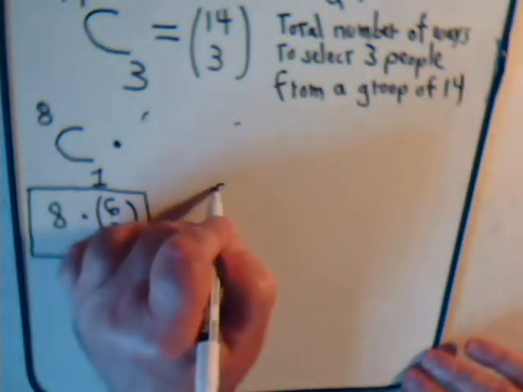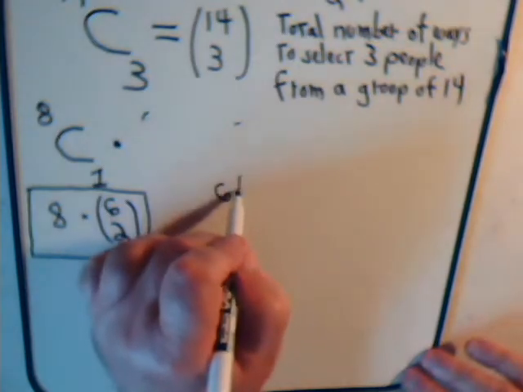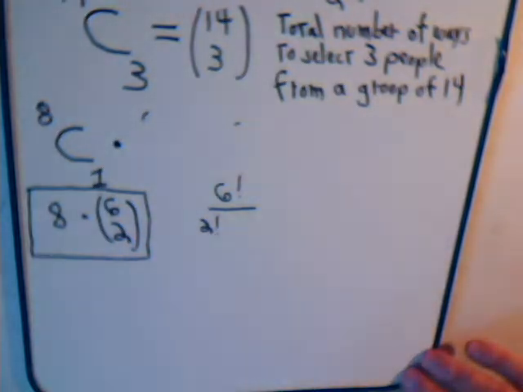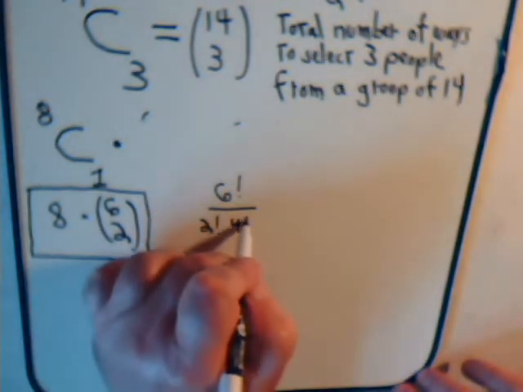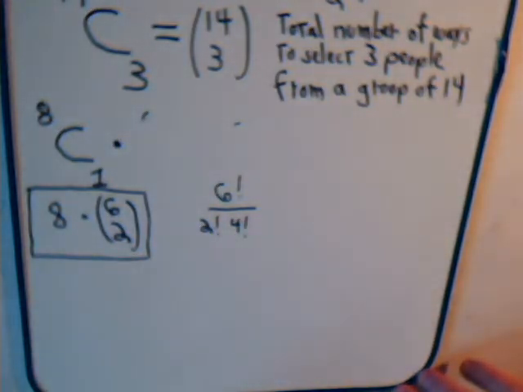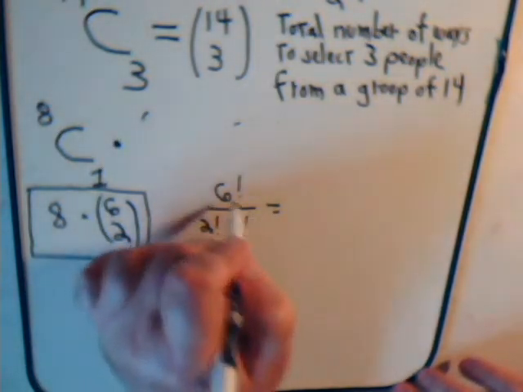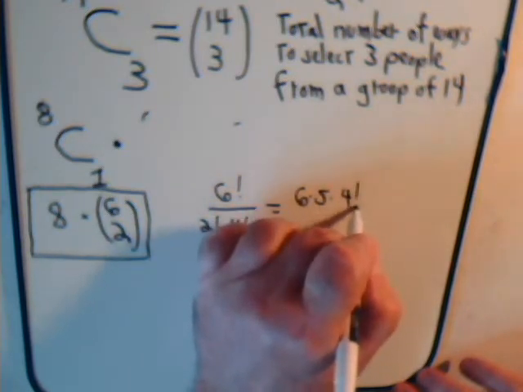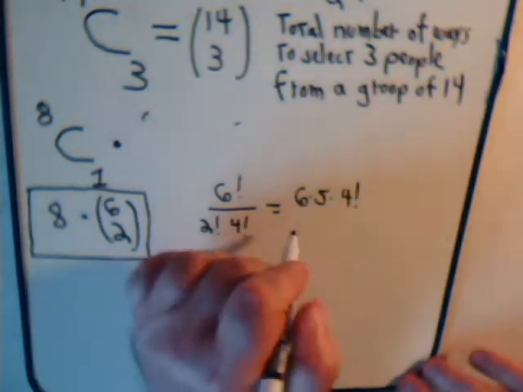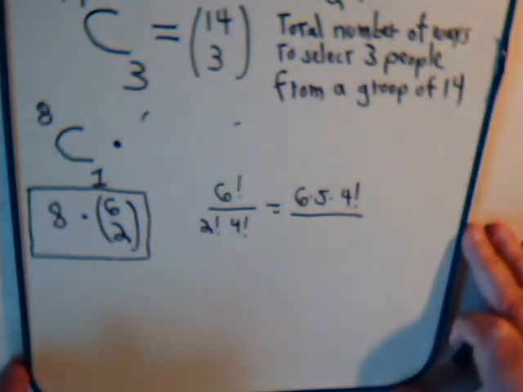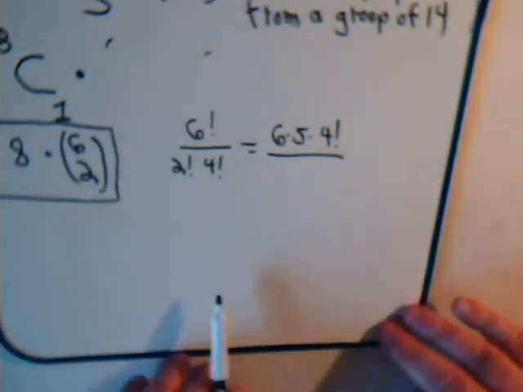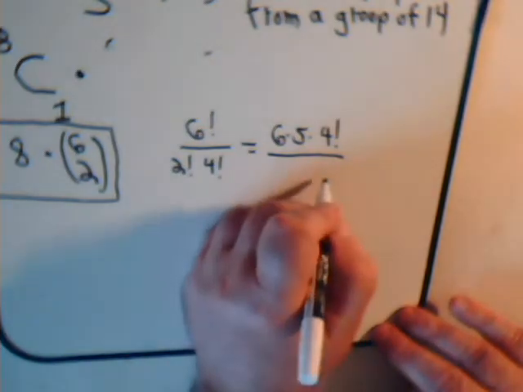Here we have 8 times this binomial coefficient. So here we have 6 factorial divided by 2 factorial times 6 minus 2, which is 4, factorial. So this is equal to 6 times 5 times 4 factorial, divided by 2 factorial times 4 factorial.